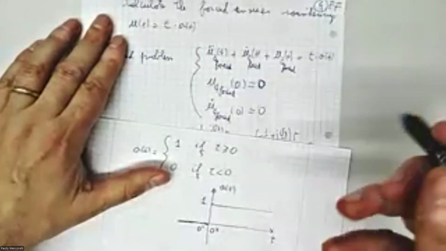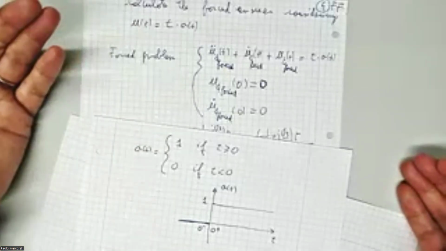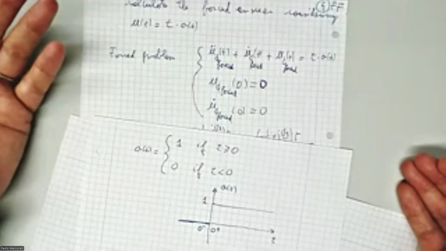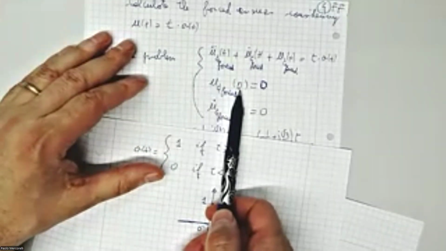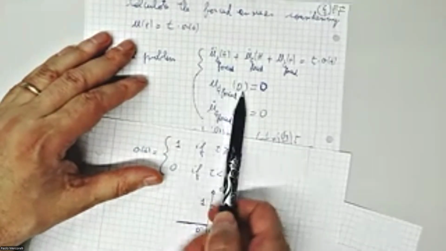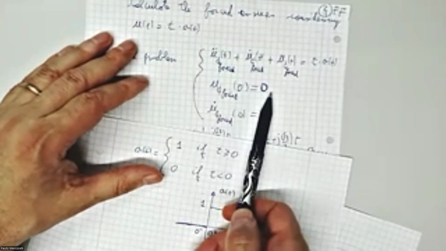At this moment, in this formulation, I didn't distinguish 0 minus from 0 plus. I am assuming that UC forced at 0 minus equals UC forced at 0 plus equals 0.